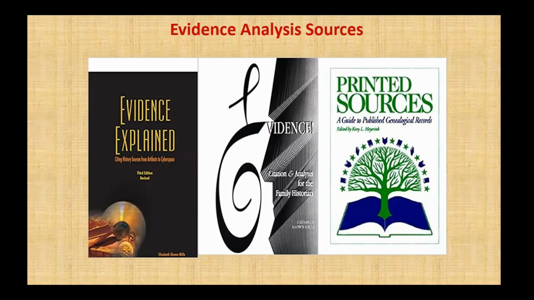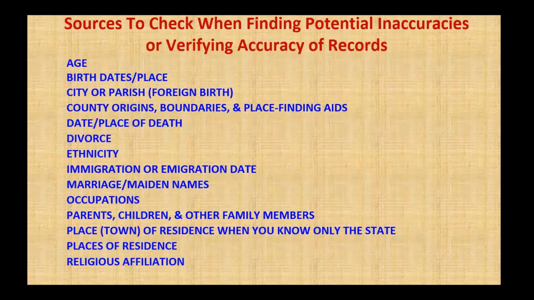Now, these sources that are listed below, these are considered some of the most relevant sources to search for if you're going to be looking to locate what I would call potential inaccuracies or verifying the accuracy of records. They all pretty much speak for themselves.